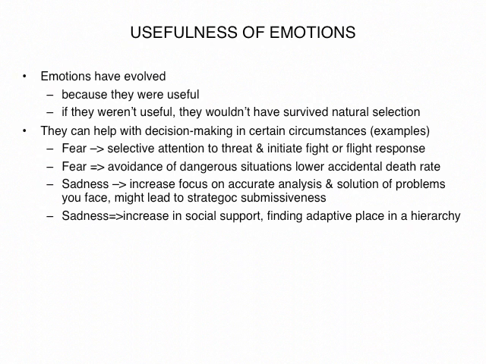Fear leads to selective attention to threat and might cause action readiness, which would be readiness to either fight or flee. And so you can see that fear, by doing this under normal circumstances, would help any organism avoid dangerous situations and lower, in general, across the population, the accidental death rate, this sort of thing.